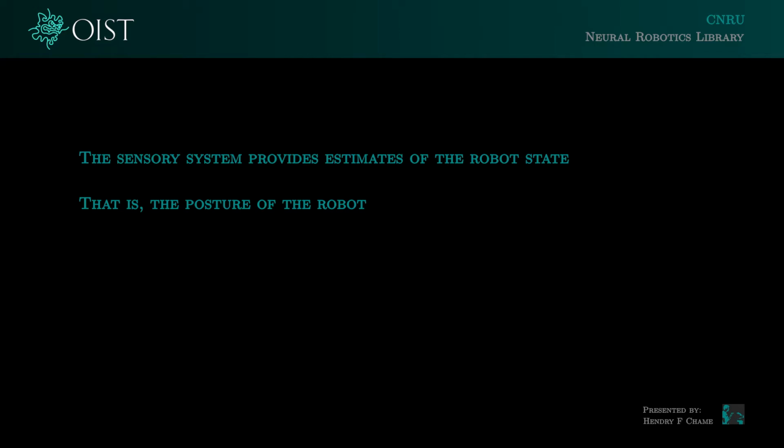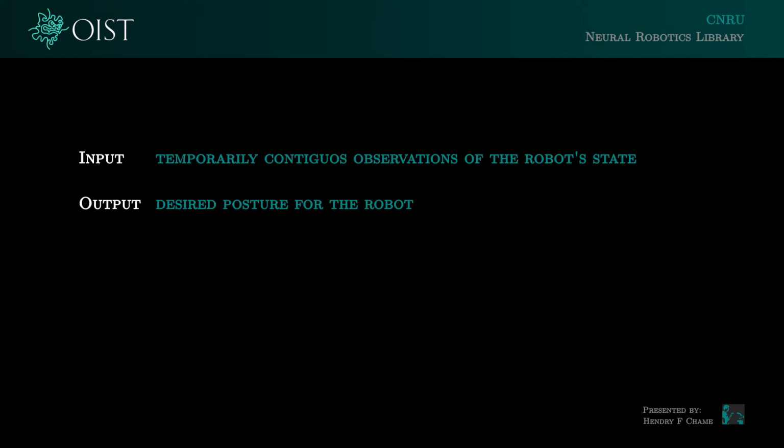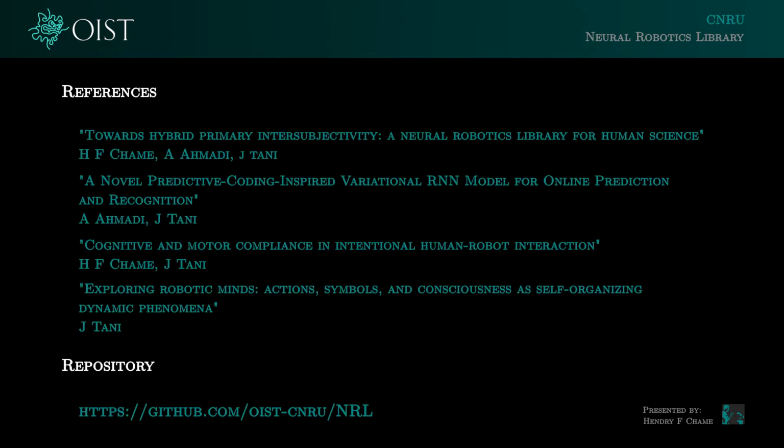That is, a posture for articulated robots such as humanoids and manipulators. NRL takes as input temporally contiguous observations of the robot's state and produces a desired output to be executed by the robot's control system. The mathematical description of the recurrent neural network can be consulted in the papers and the project's documentation.